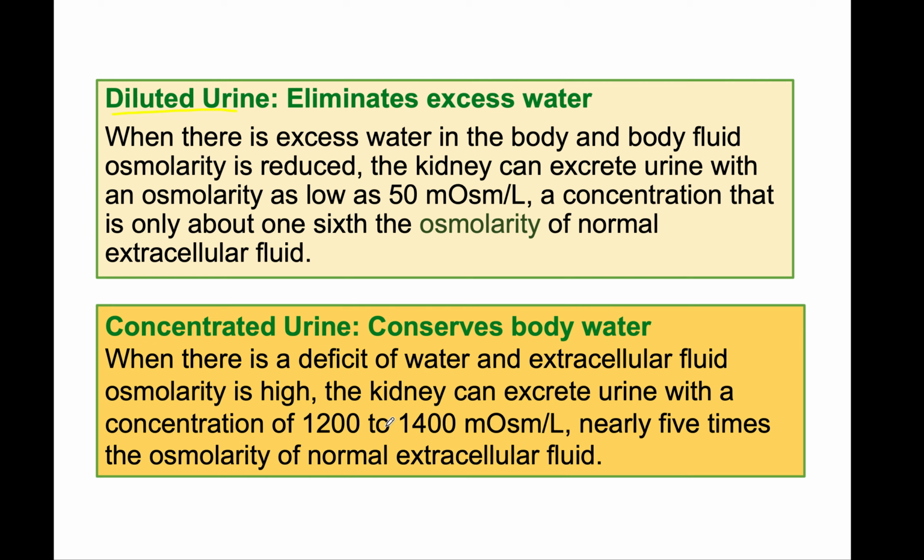So the kidneys excrete urine with osmolarity as low as 50, between 50 to 70, and keep the sodium and keep the other elements inside to increase the osmolarity in the extracellular fluid, so that the osmolarity will stay normal in the extracellular fluid.